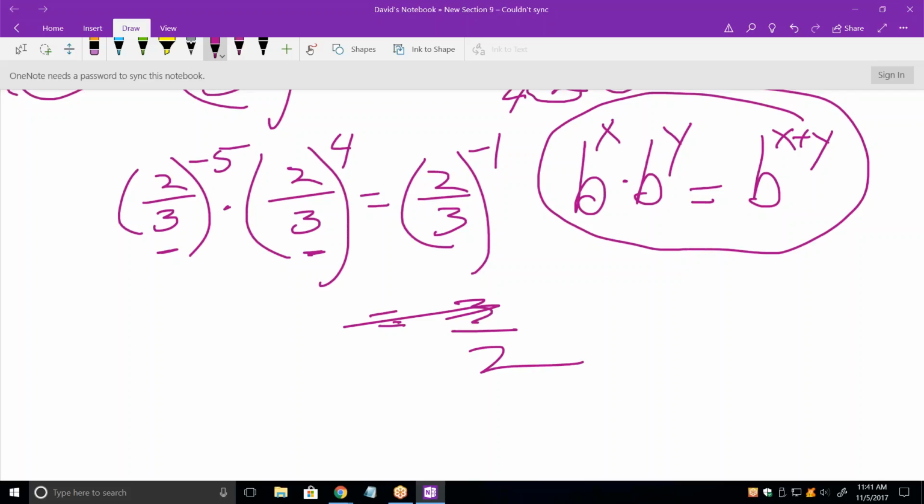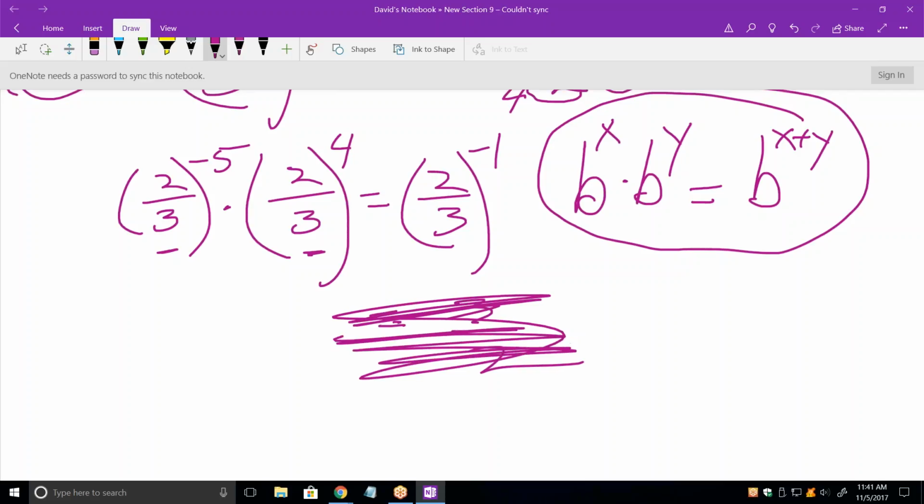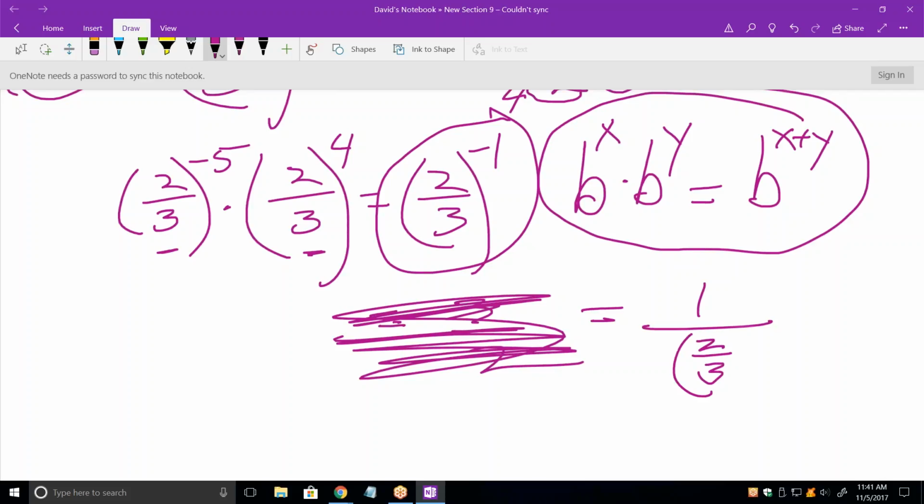Here's the reason why. When I see that, it's the same as this: 1 over 2/3 to the positive 1. That's what it means. And when I divide 1 by 2/3, I flip the denominator and I multiply and I get that.